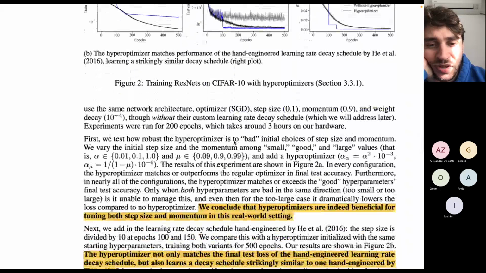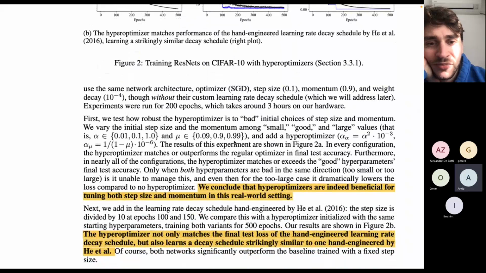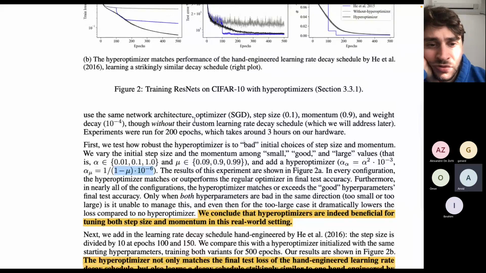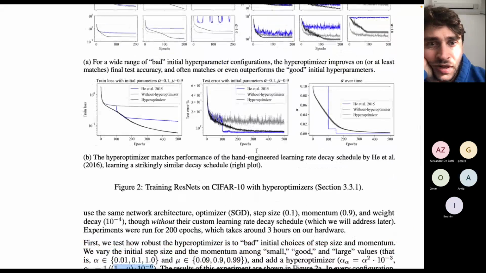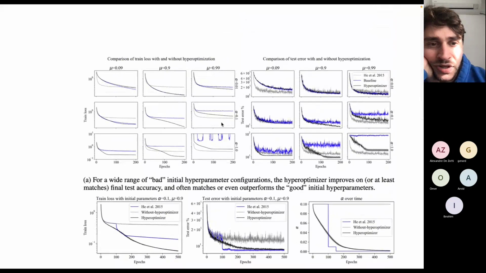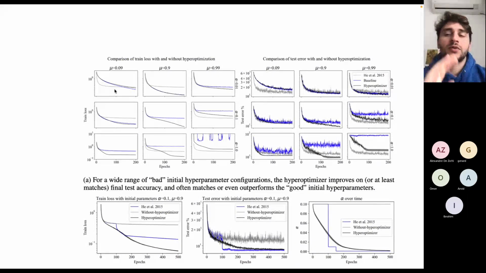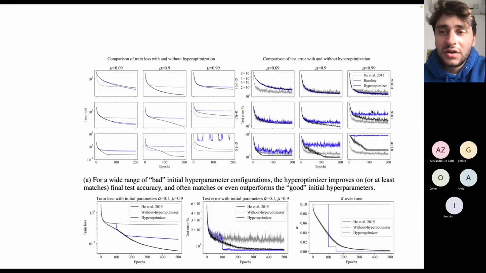And what is mu again? Mu is the momentum. Okay. And so if you look at these results, I guess they're showing that the performance doesn't vary as much when you do hyper-optimization.